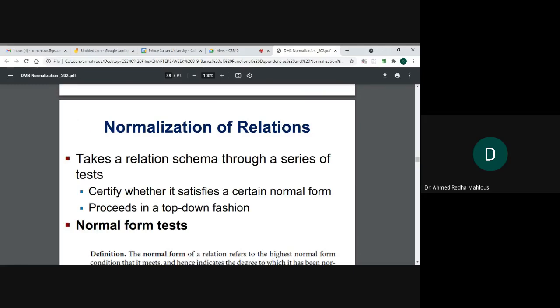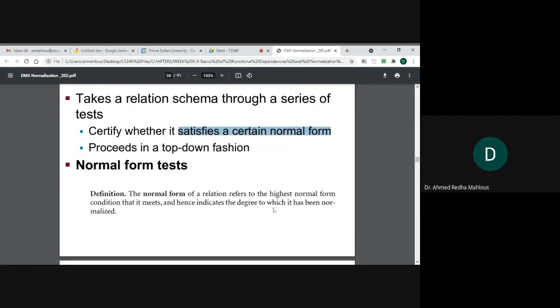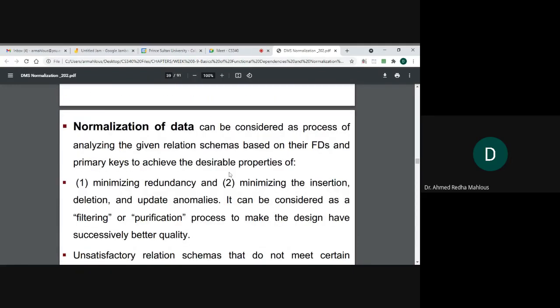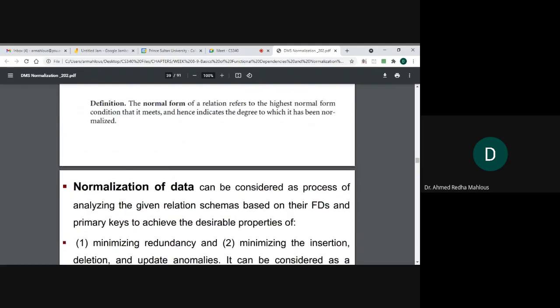When you talk about normalization of a relation, you take the relation schema through a series of tests. We verify whether my relation schema satisfies some normal form. We call them normal forms. This is what is meant by normalization.